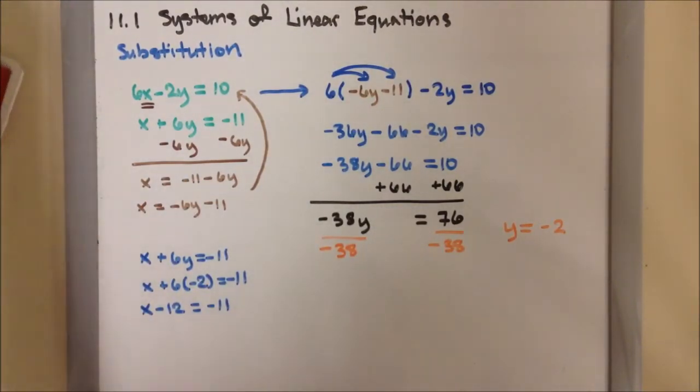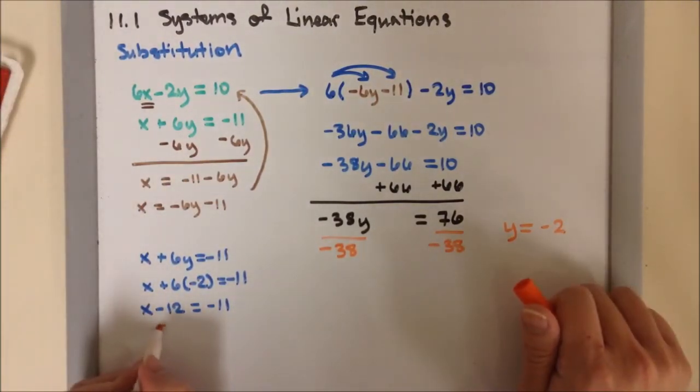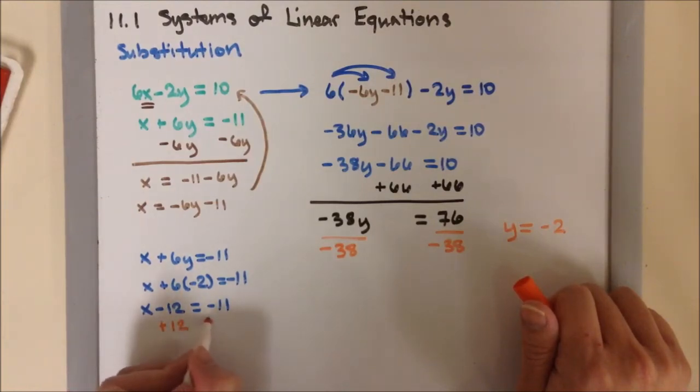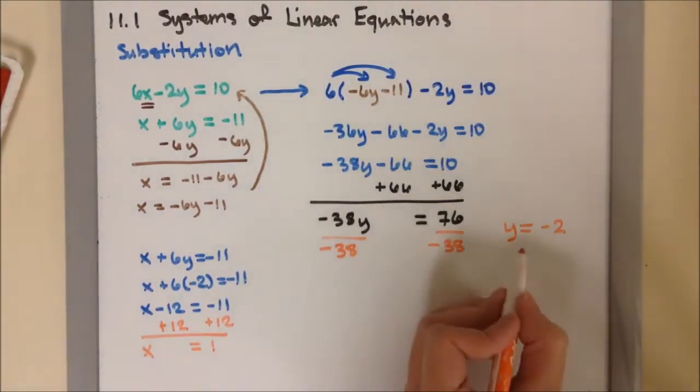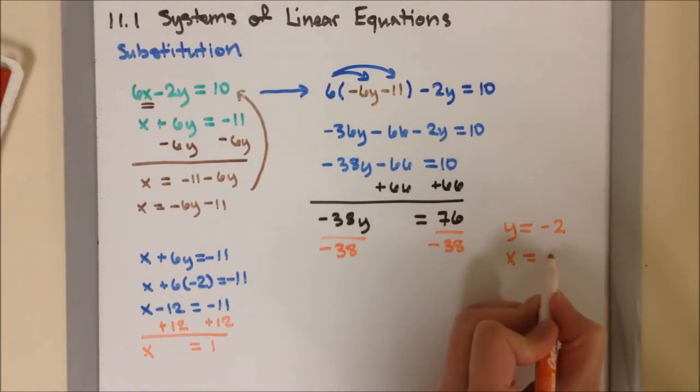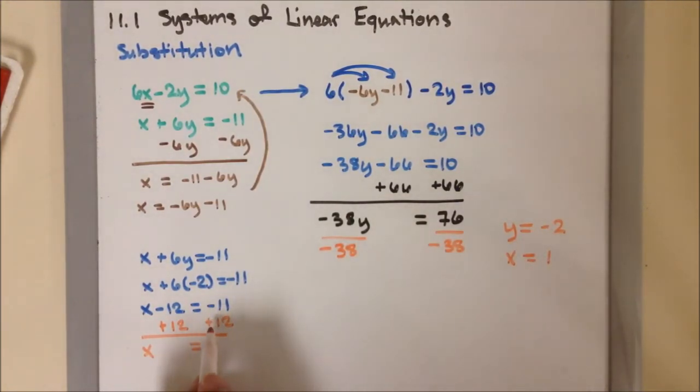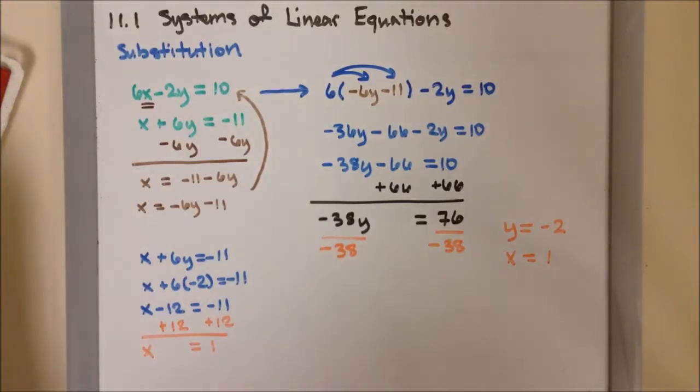I'm going to solve for x, so I'm going to add 12 to both sides. So it's going to be x equal to positive 1. So I'm going to write here x equal to positive 1, because negative 11 plus 12 is just 1.